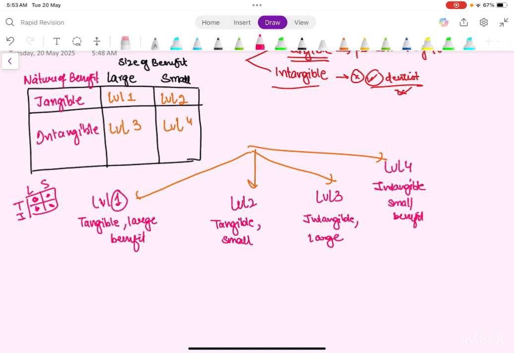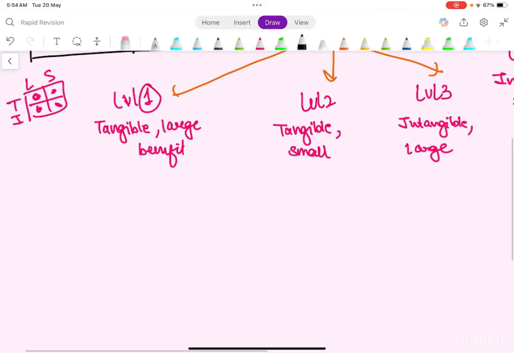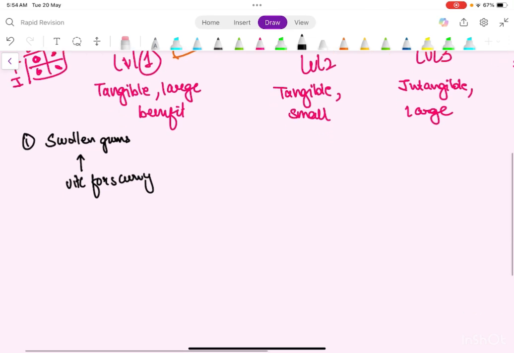Now we'll go through the examples. Suppose there's a person who has come with swollen gums, and I, being a dentist, have given him vitamin C for scurvy. There is going to be a visible change which is evident to the patient, and it's obviously a large benefit. Now if there are high caries, I tell the patient to change his lifestyle and eating habits, to have a low carbohydrate diet.